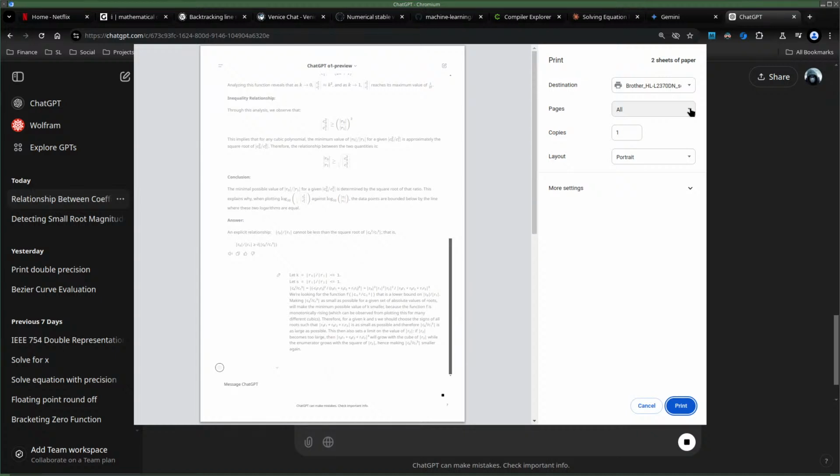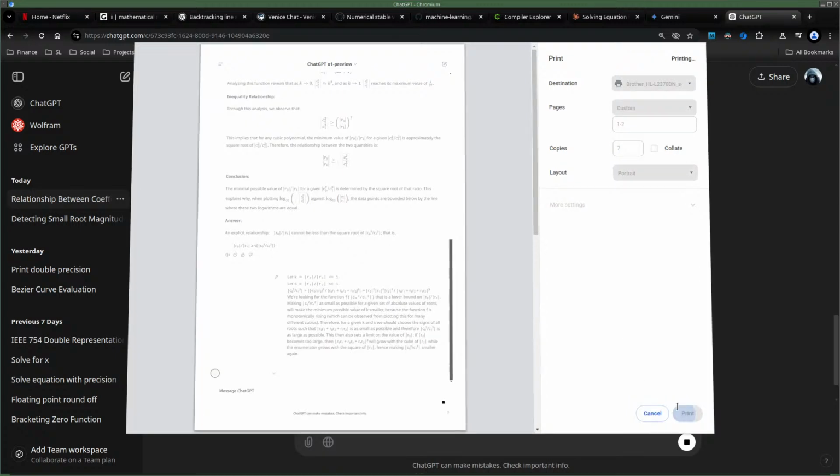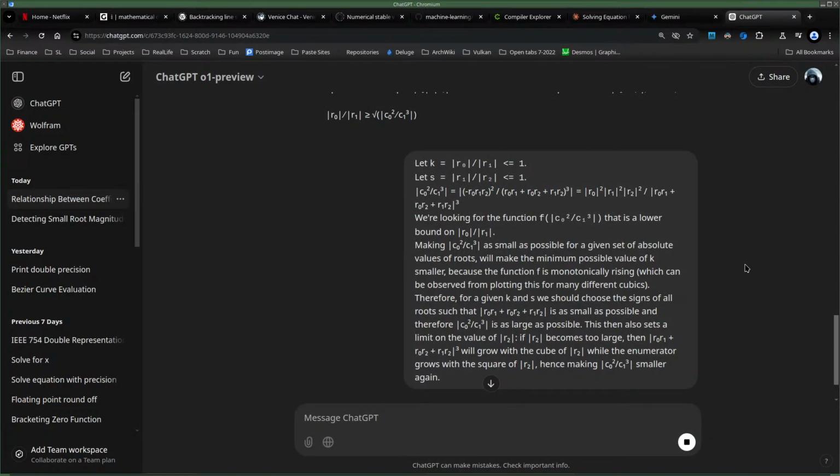Which page is this? Page 7. Okay, I'll be back later.